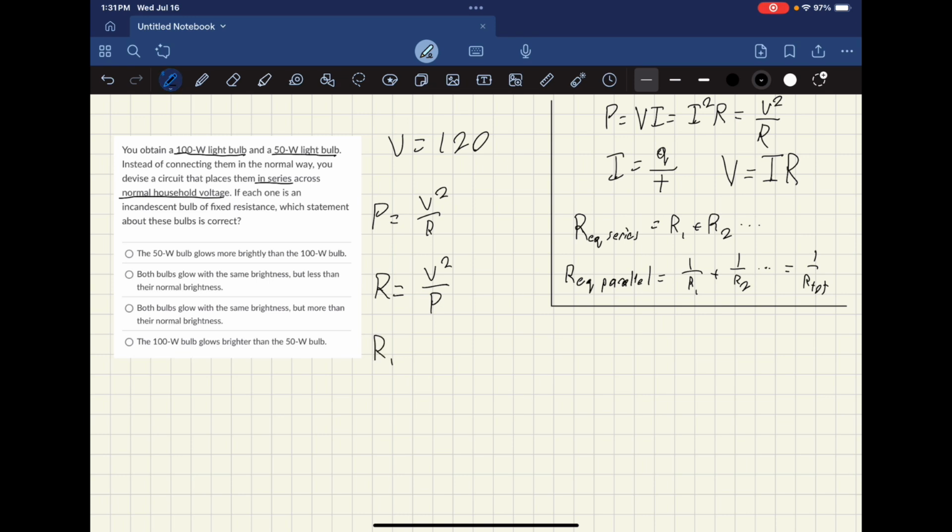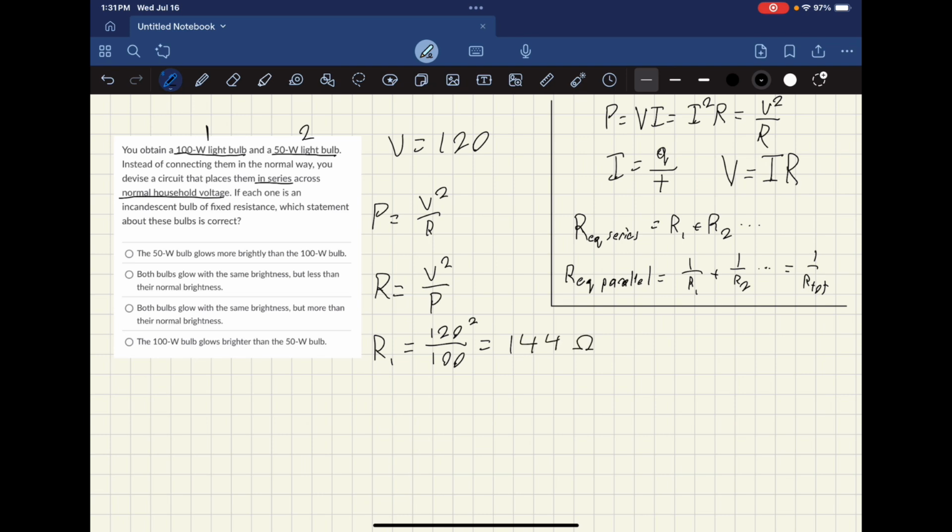R1, I'm going to say that this is light bulb 1, this is light bulb 2. R1 has 120 squared over 100, which, let me plug that into the calculator. 120 times 120 is 14,400. Divided by 100 is 144.